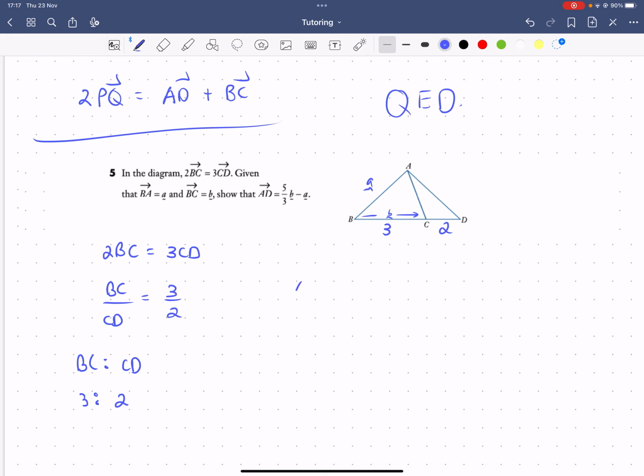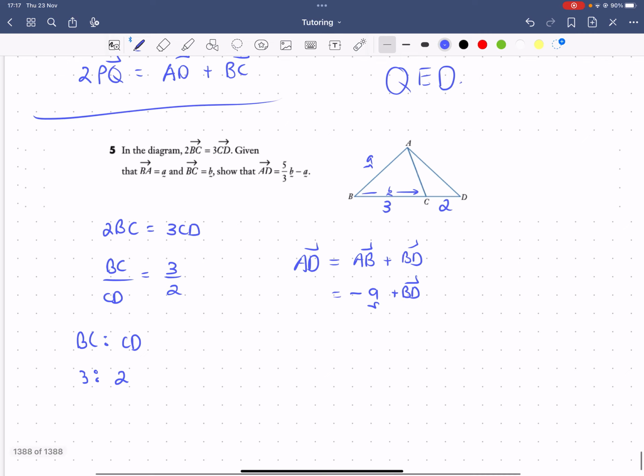Well, let's think. Forgetting about those vectors A and B, AD is going to be AB plus BD. Now, AB is starting from A and going to B, and that's the opposite direction of A, so it's going to be minus A. Now we're trying to figure out what BD is.